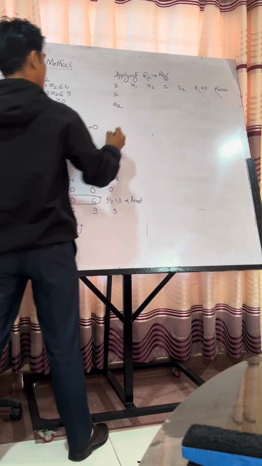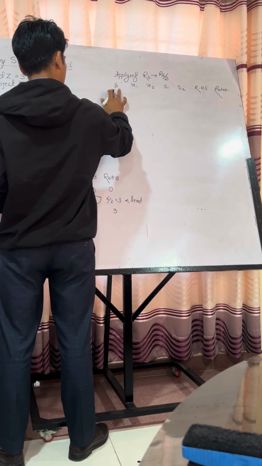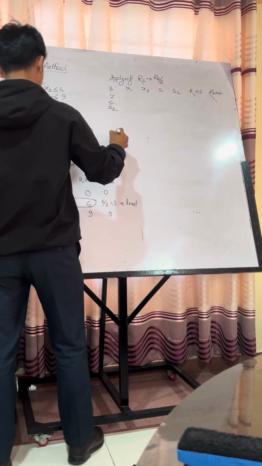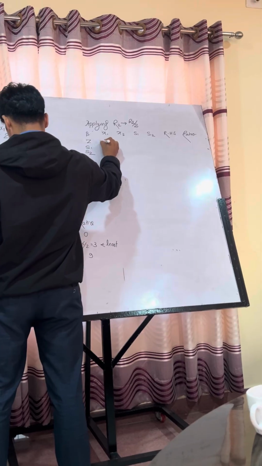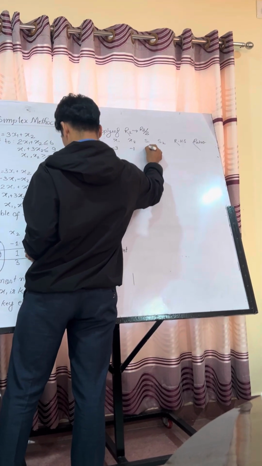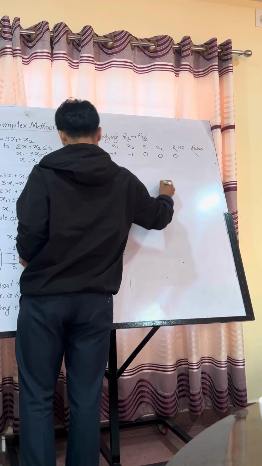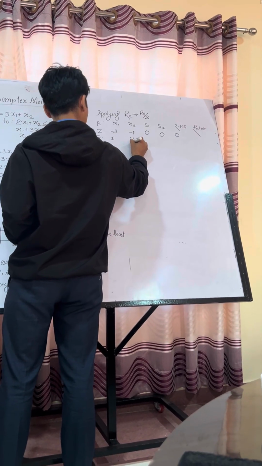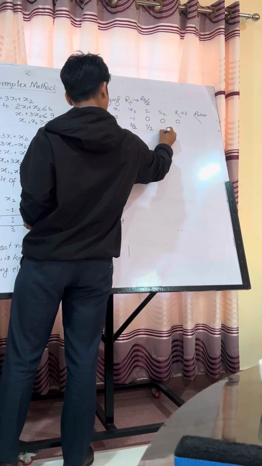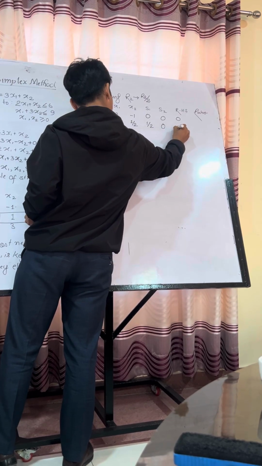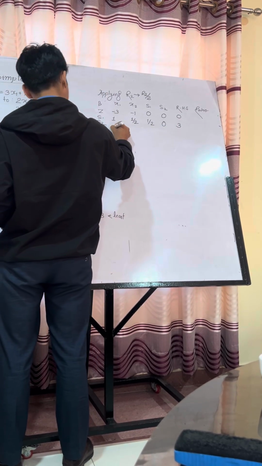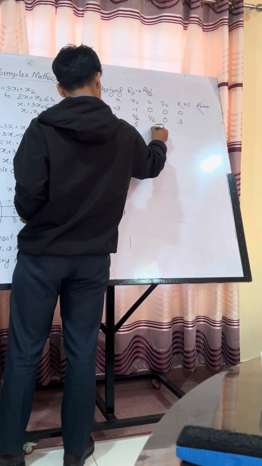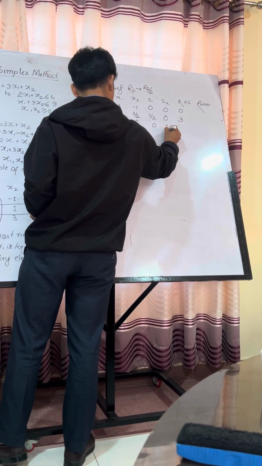Now when we divide, Z stays as it is; I copy it from the previous table. Now we divide these terms: 1, 1 by 2, 1 by 2, 0, 3. Then the s2 row is 1, 3, 0, 1, 9.